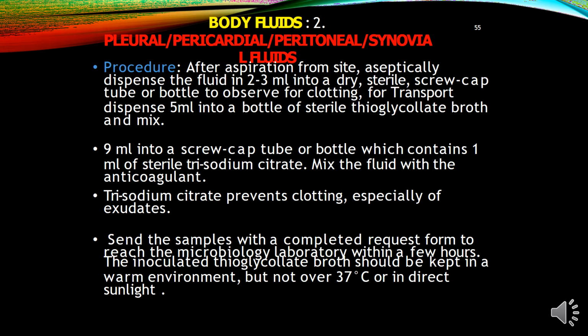Trisodium citrate prevents clotting, especially for exudates. Send the sample with a completed request to the laboratory within a few hours. The inoculum containing thioglycollate broth should be kept in a warm environment, but not over 37 degrees, and not in direct sun.